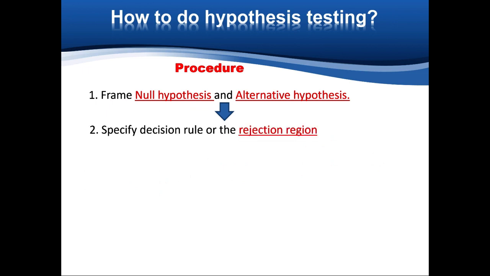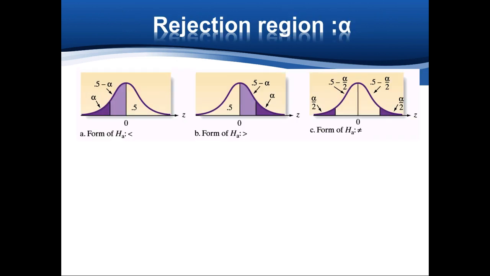Now, let's see the next steps. Specify the decision rule or the rejection region. We also use the curve plot to make a decision, the same as in Chapter 8. If HA is less than, the rejection region is on the left.